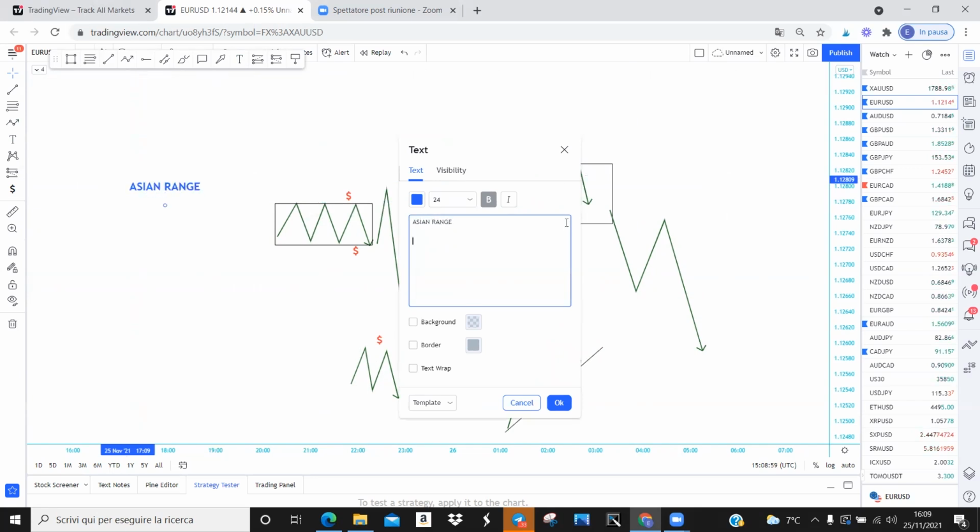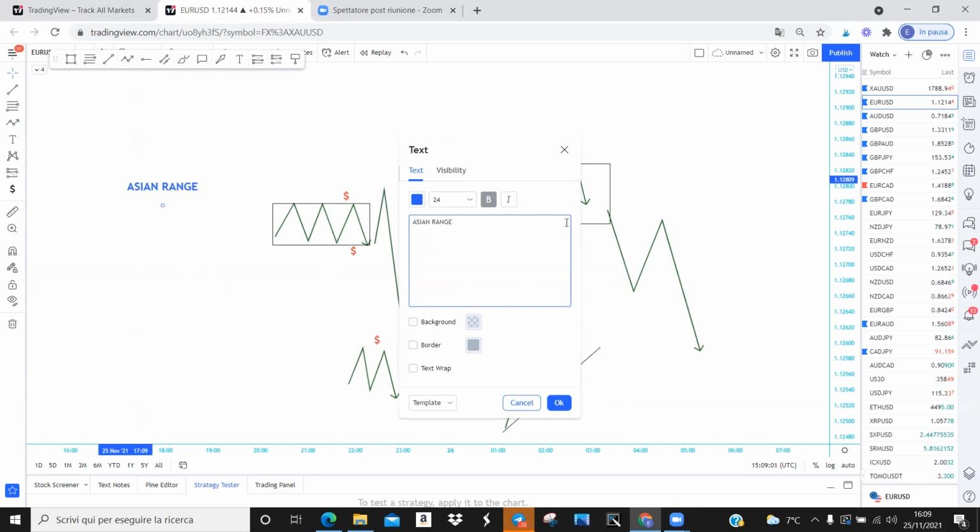So here with the Asian range, you have a possibility of manipulation plus rally to the opposite direction. Then you have, how to call it?